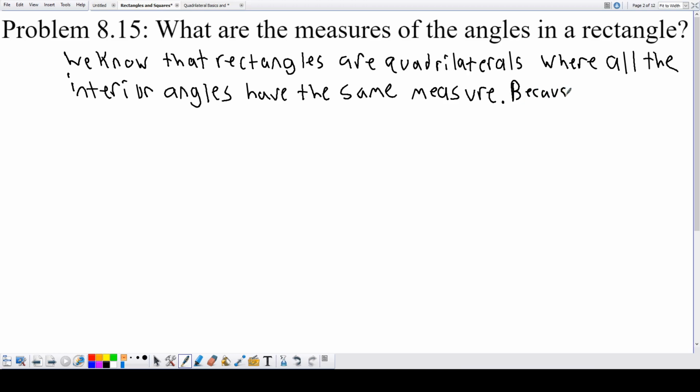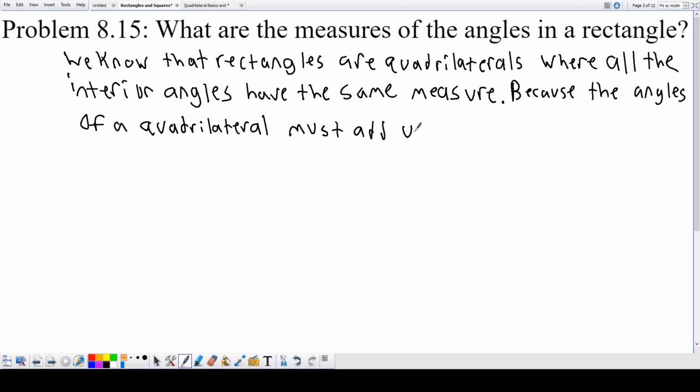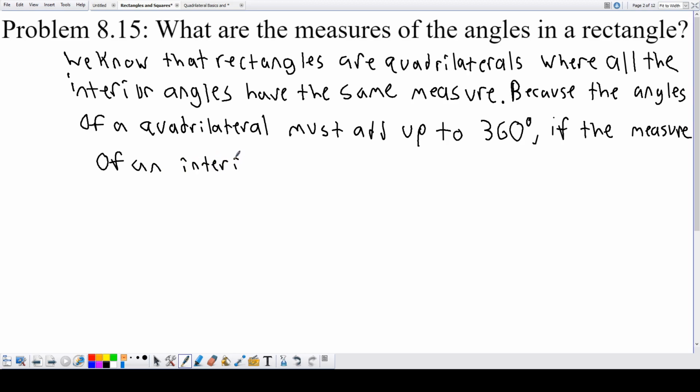So, because the angles of a quadrilateral must add up to 360 degrees, let's just say the measure of an interior angle in a rectangle is some value x degrees.